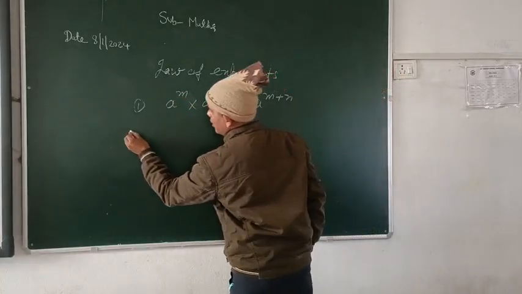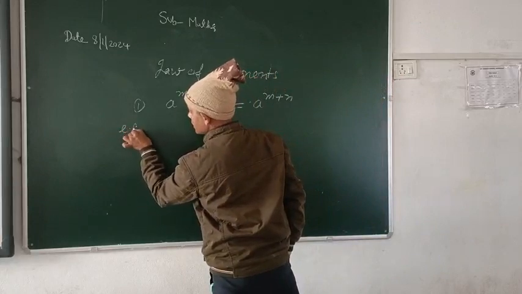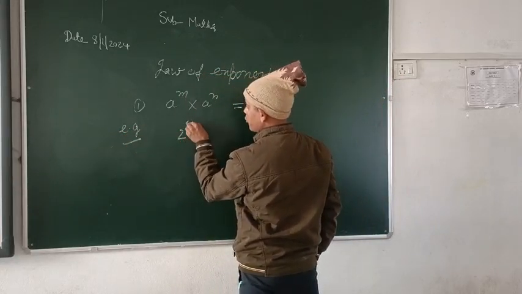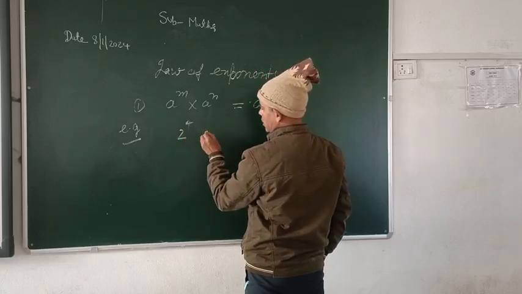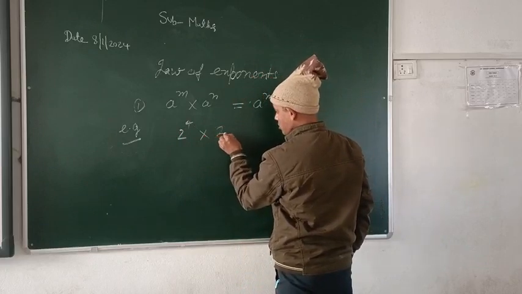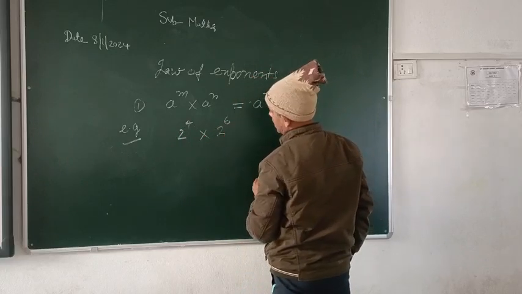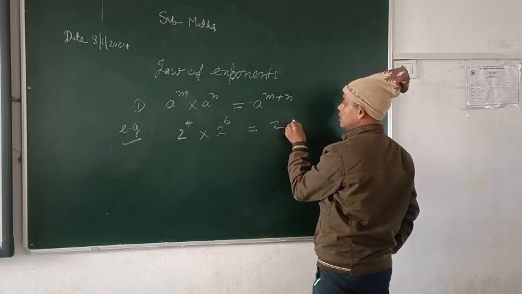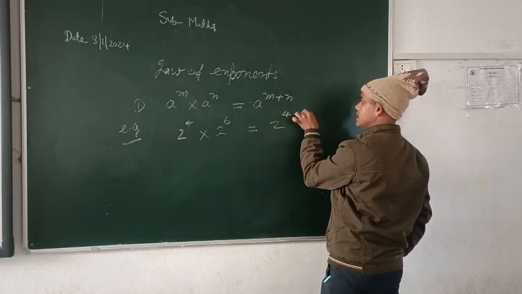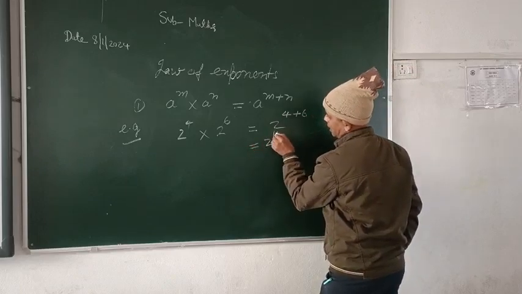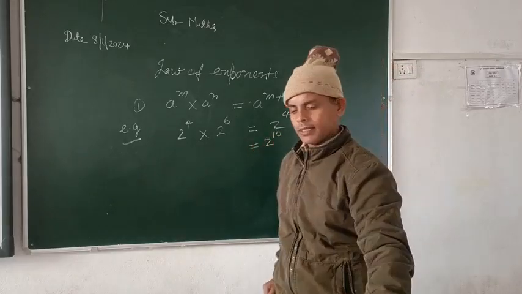For example, if we take 2 to the power 4 into 2 to the power 6, then according to this law we can write 2 to the power 4 plus 6, that is 2 to the power 10. Okay.